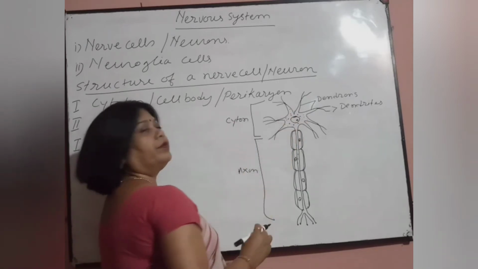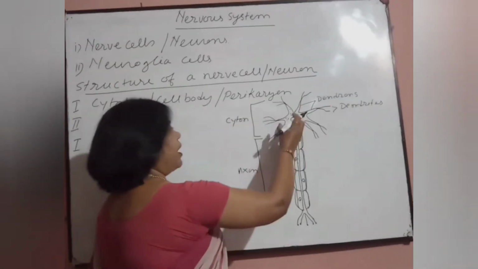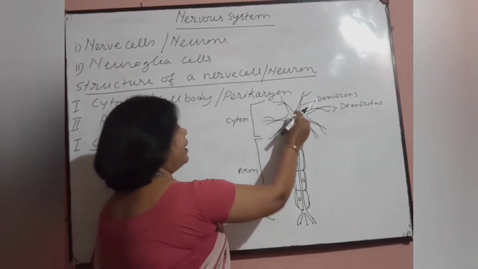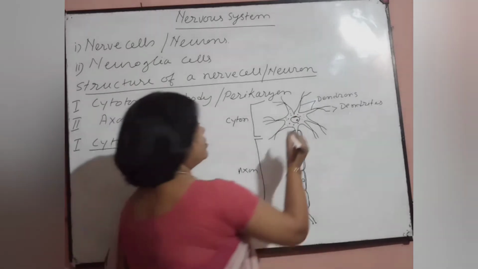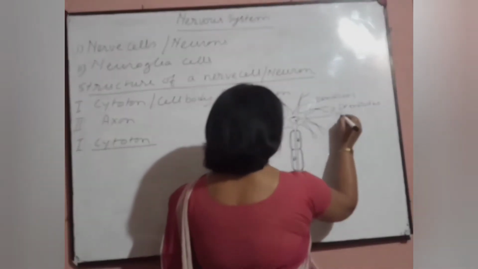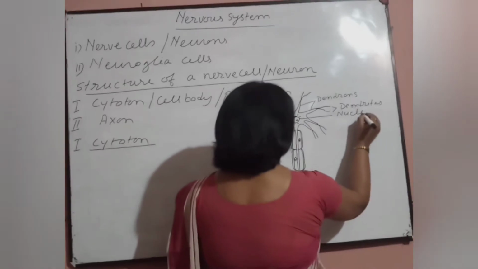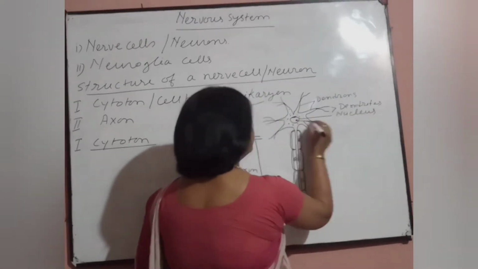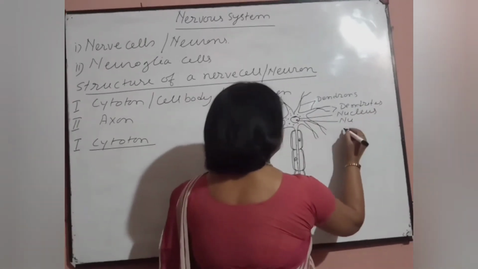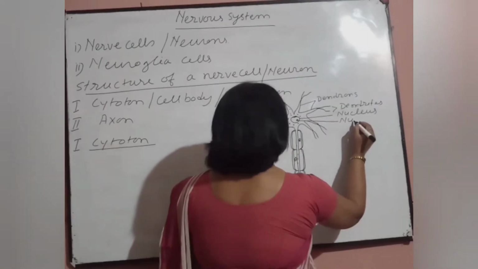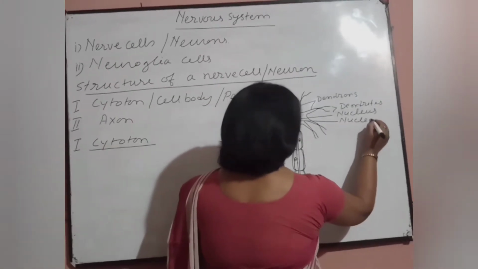The cytone, which is star-shaped, contains a prominent nucleus, which has a nucleolus.